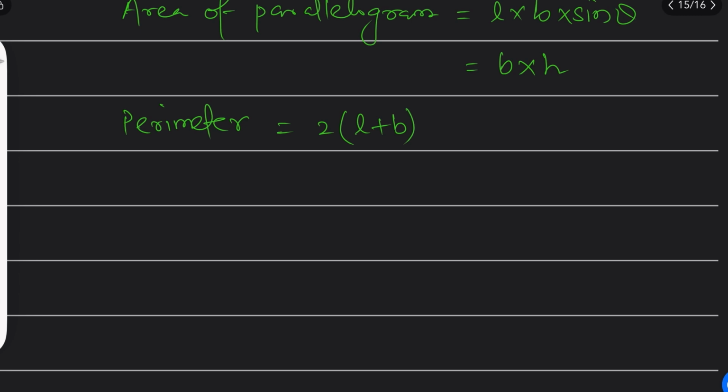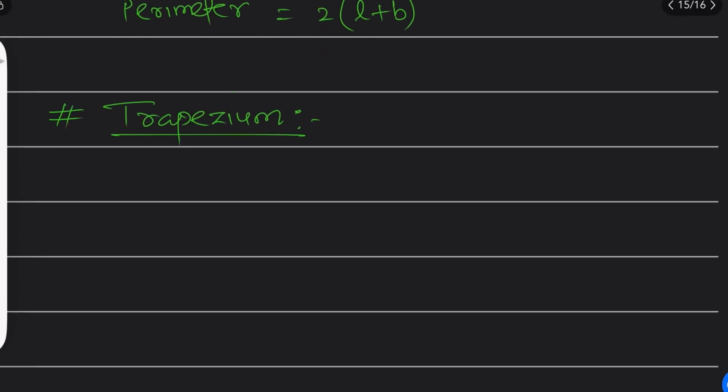Next, my next geometry is trapezium, sir. What is trapezium, sir? Which type of shape is trapezium? Let me discuss this. Sir, this type of shape is called trapezium, sir.